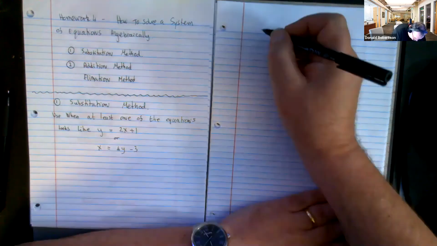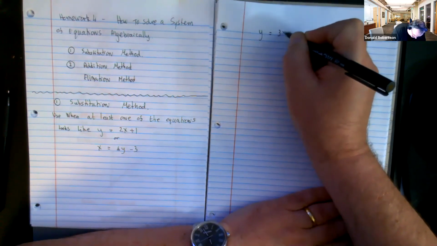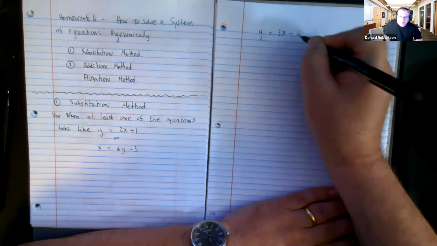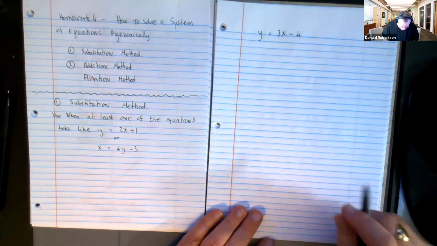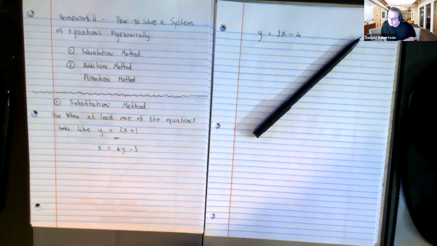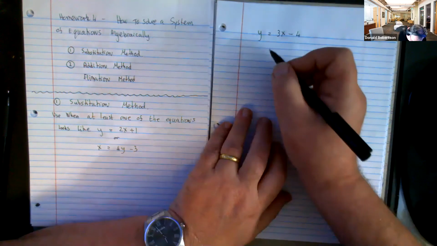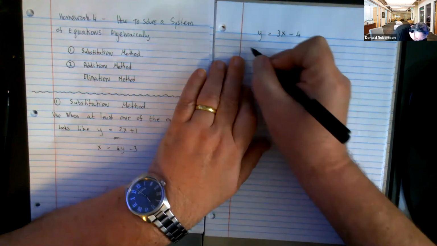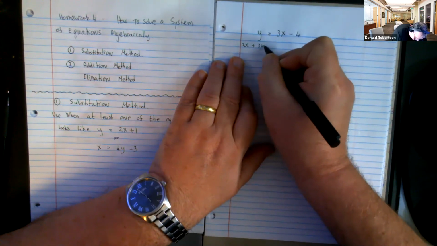So let's do one. There's my first equation, y equals 3x minus 4. Can you imagine that might be a straight line looking like that? And the next equation is going to be 2x plus 3y.